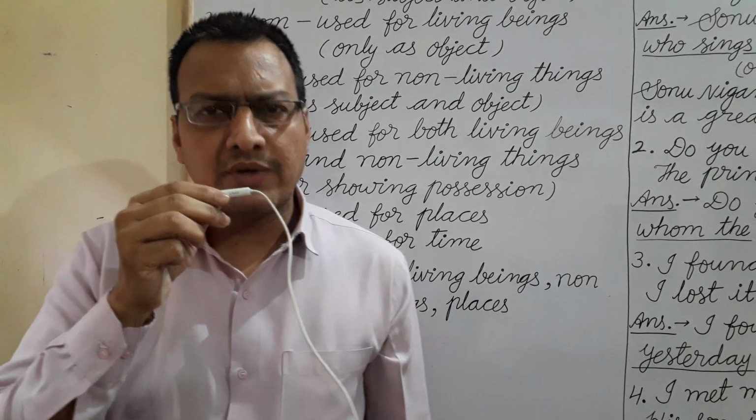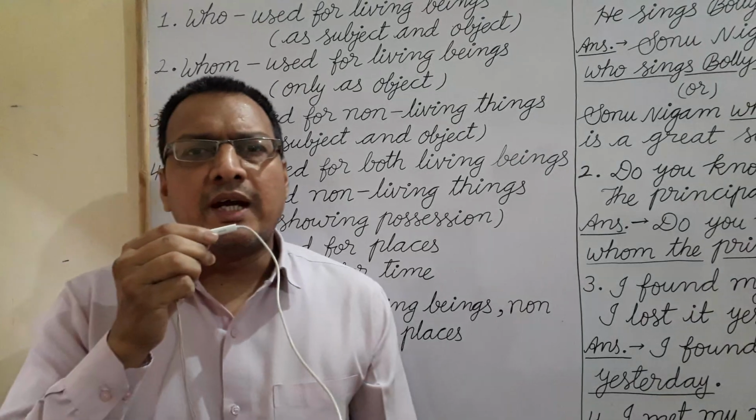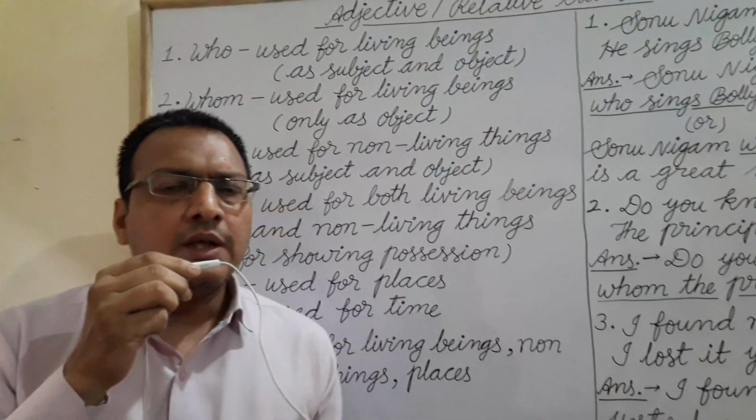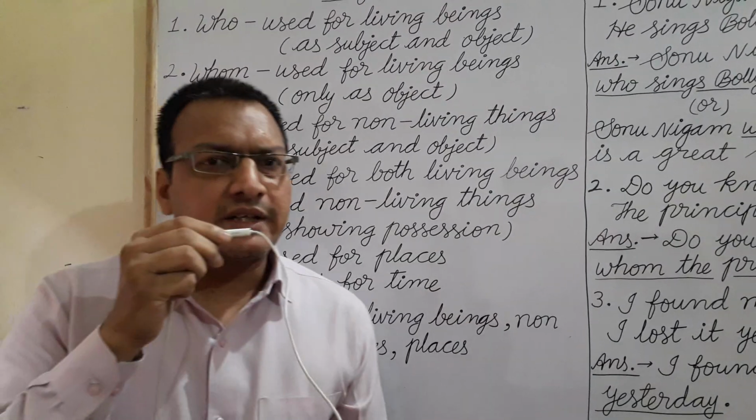Condition number 4 is when there are who and what, interrogative words, question words, in the main clause, we use that for making adjective clause.